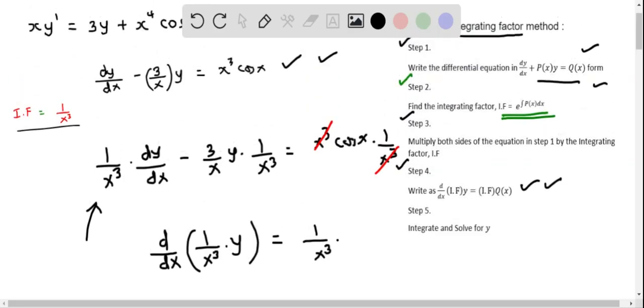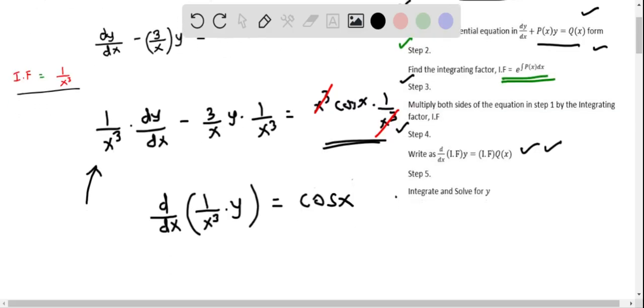So q of x is x cube cos x, x cube times cos x. We can cancel this, as we have already done in this step. So this is equivalent to only cos x. I'm going to write this side expression as cos x, which means we have completed step 4.